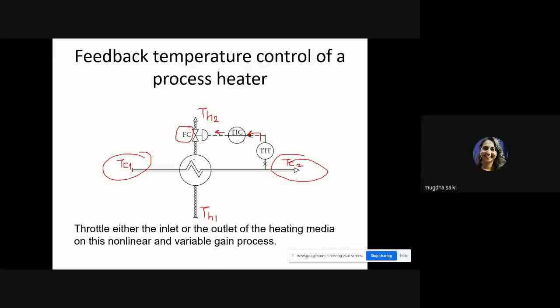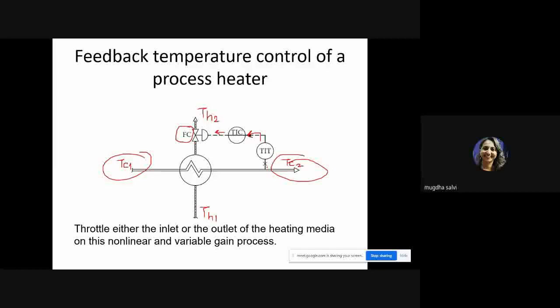Now, this whole time taken from the point that TC1 changes, then it passes through the heat exchanger, it is detected at TC2, then the controller takes a control action, the steam or whatever hot fluid is there, its flow is reduced so that the temperature could be achieved inside the heat exchanger, and eventually by the time it is reflected in TC2, a huge time lag occurs.